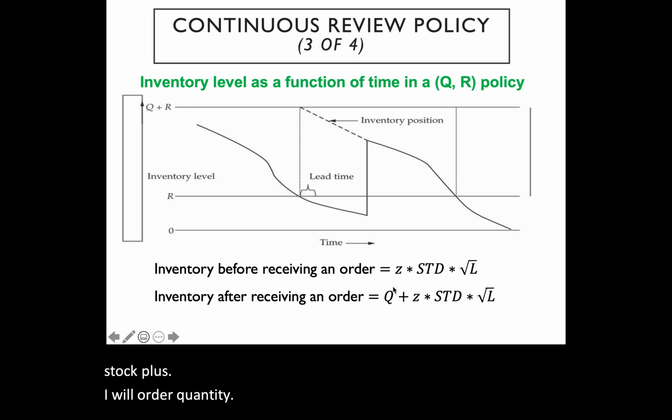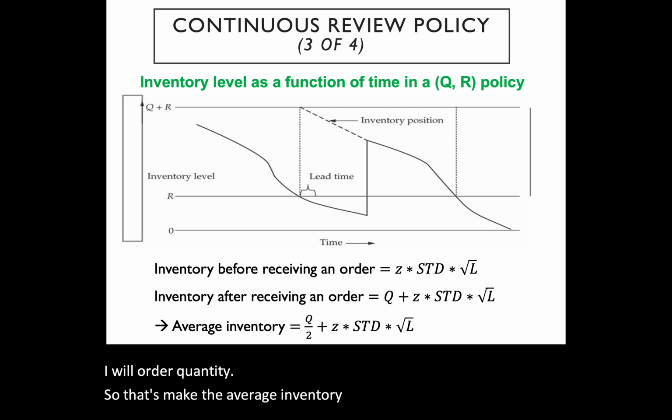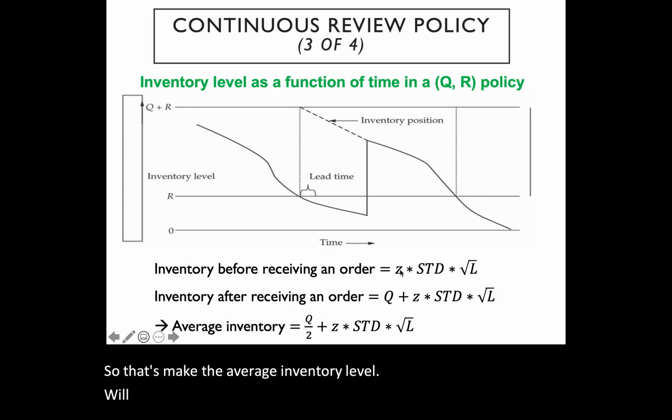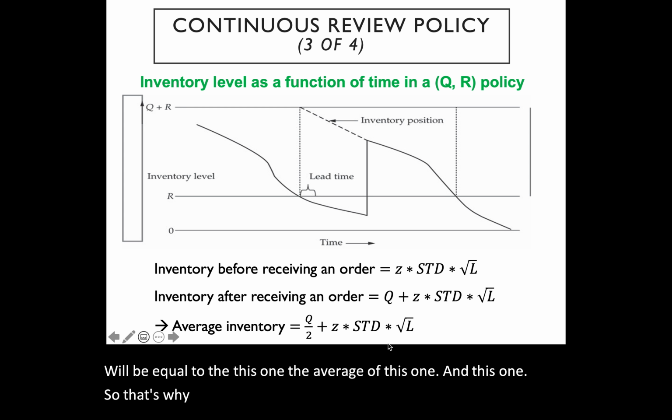So the average inventory level will be the average of this one and this one. That's why we get the average inventory at Q divided by 2 plus safety stock.